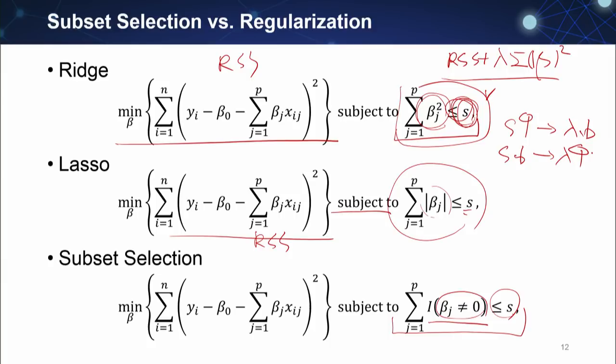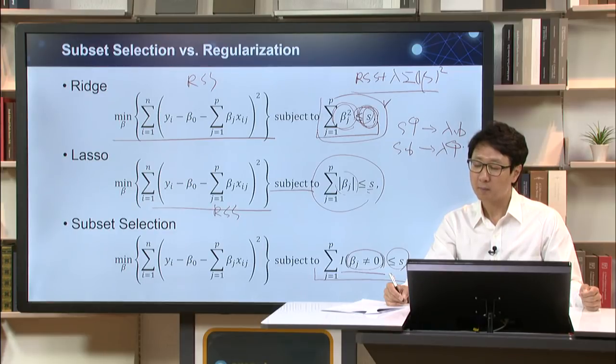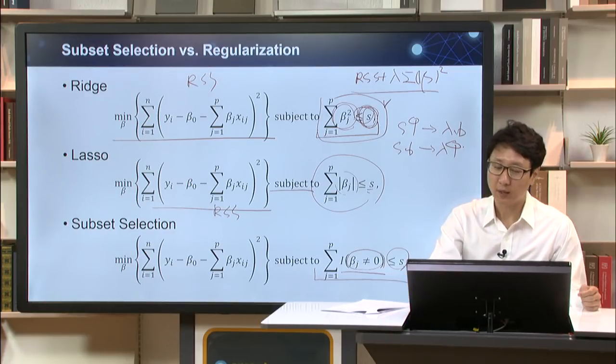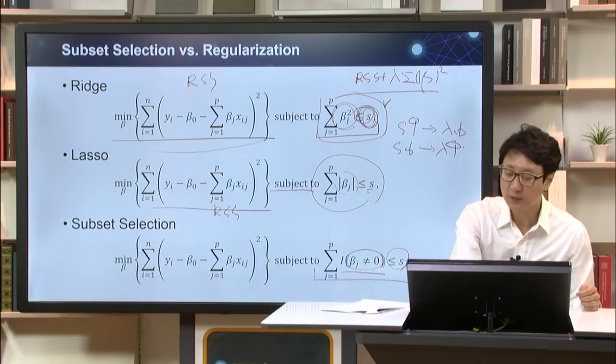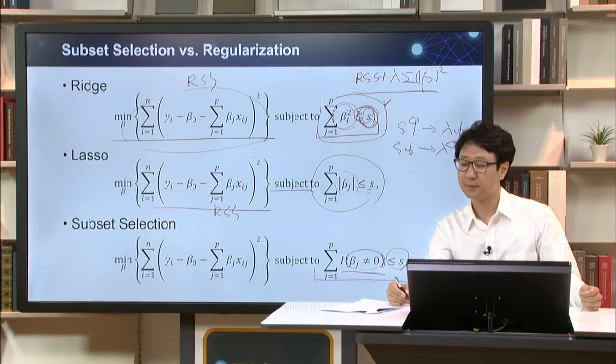These expressions show that ridge and lasso and subset selection all share a common idea of variable selection and reducing the model's flexibility. More importantly, the RSS part is expressed in this way because we are assuming the linear regression case.